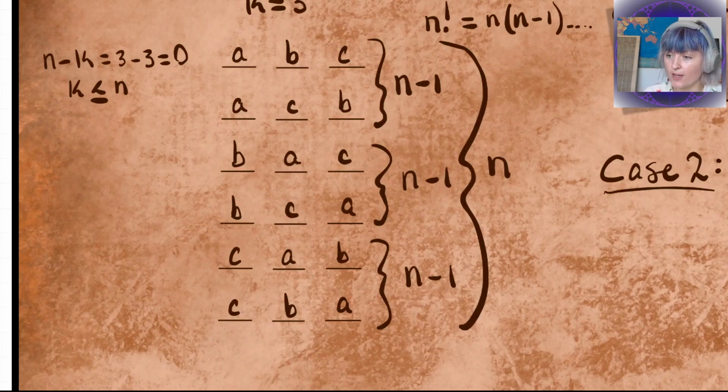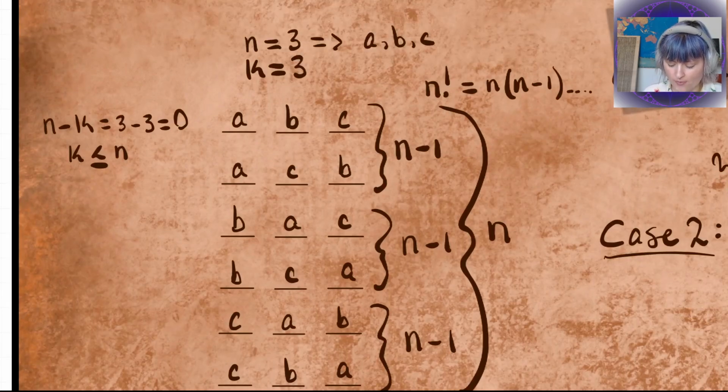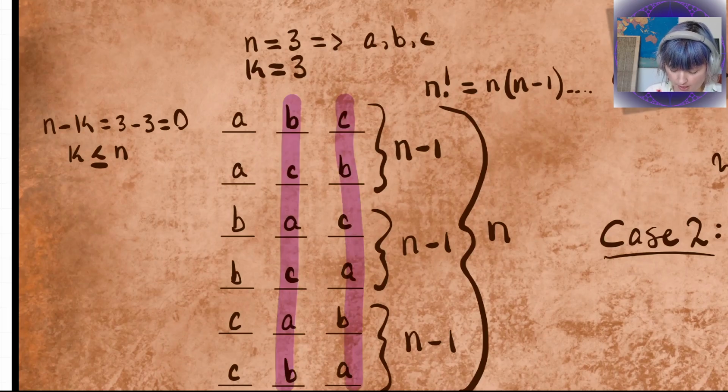Now, before we move on to that, though, let's talk about combinations. Given that we've introduced K as a variable, you could think of it as the variable that corresponds to the columns here, right?